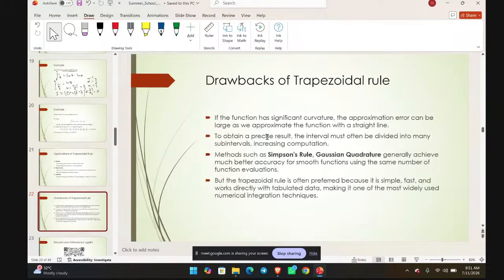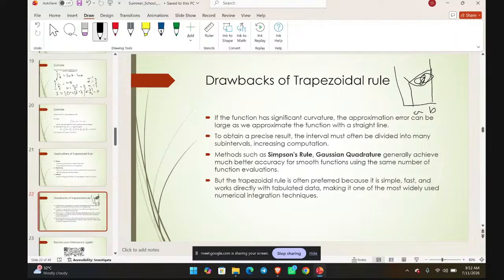What are the drawbacks of this trapezoidal rule? First of all, if the function has significant curvature, for example, if a function is like this, and we approximate the area with one trapezium from A to B, we'll get this much extra area, right?